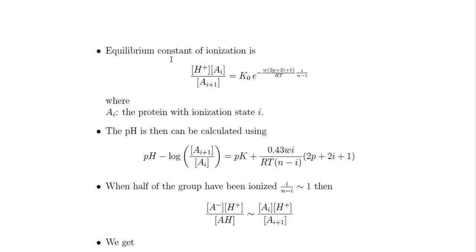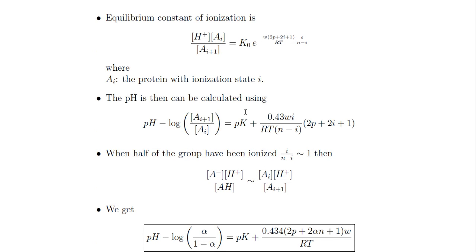So taking the log or the ln of this equation, we can have the pH minus log A(I minus 1) over A I equal to pK plus this term. So with this we have this equation, and we can calculate the pH when half of the groups have been ionized.